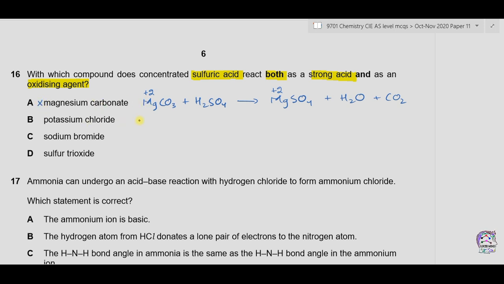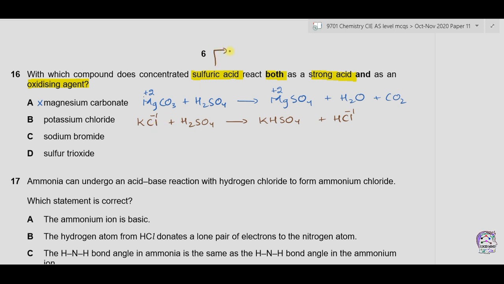B is potassium chloride. It is KCl with sulfuric acid. Now it is converted into potassium hydrogen sulfate along with HCl. The oxidation state of chlorine has not changed, so therefore H2SO4 does not behave as an oxidizing agent.